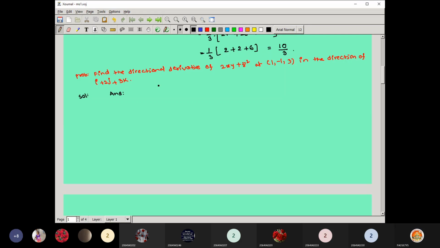Anyone? While making the dot product multiplication you use i to i, j to j, k to k, and all the remaining combinations are 0. 16 by root 14, sir. No, wrong. Sir, 1. Final answer 1. No, no.